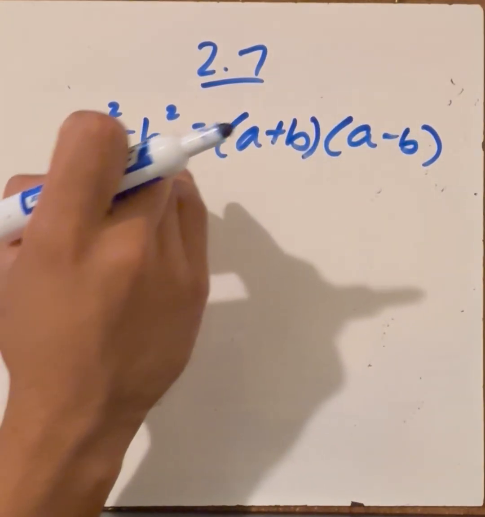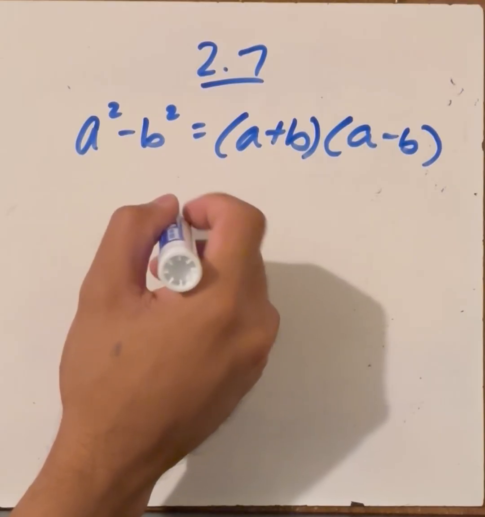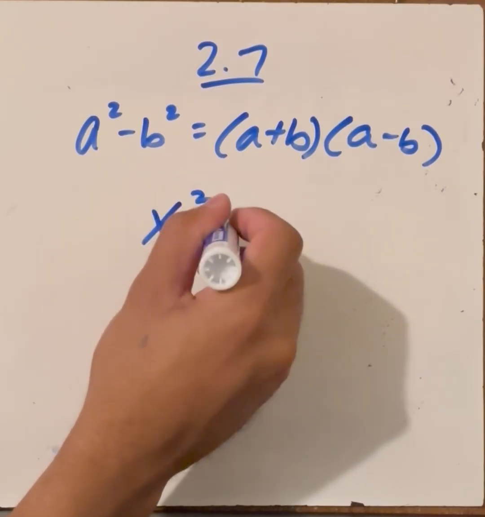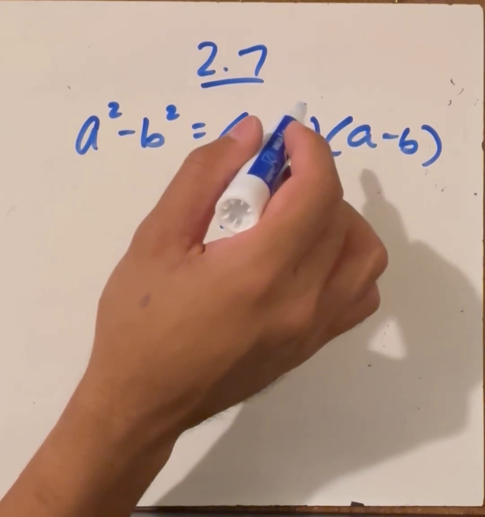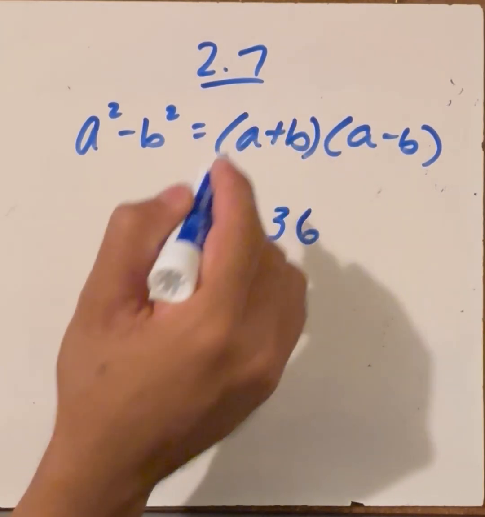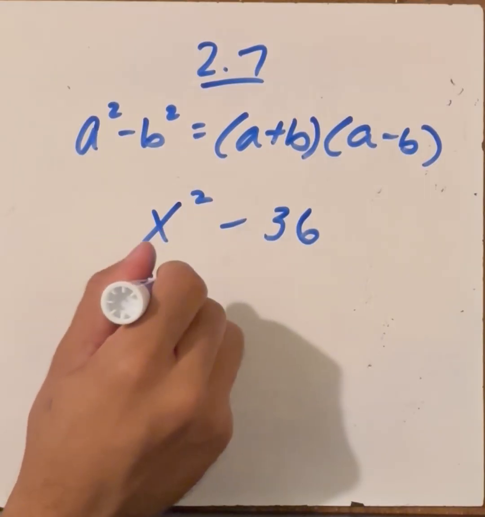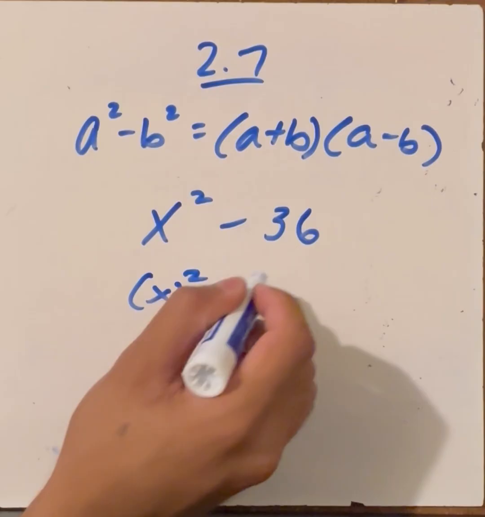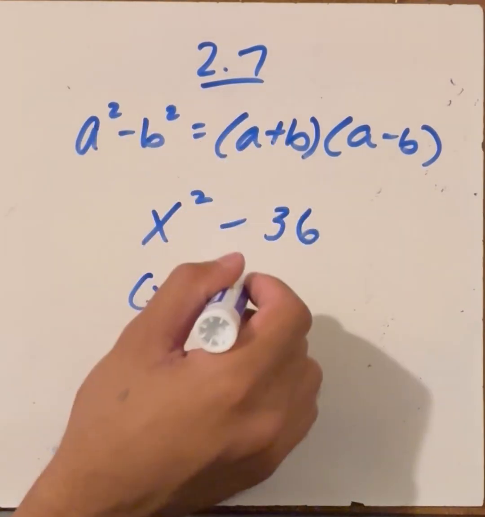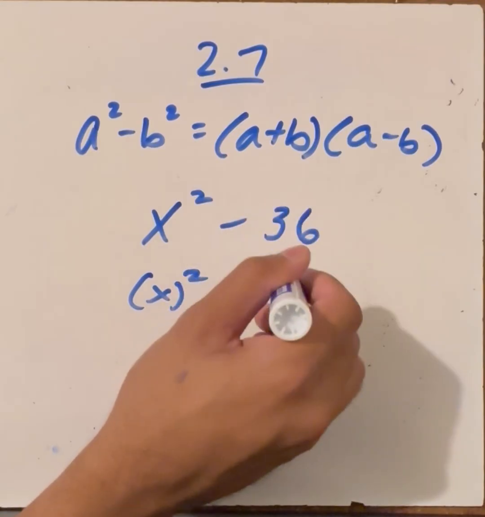Now what's going to happen is I'm going to give you something that looks like this. For example, x squared minus 36. And we're going to put it into this form. So if we did that, we could tell that x squared is the same thing as x squared. And if we wanted to put it into b squared form, it would be the square root of 36, which is 6.